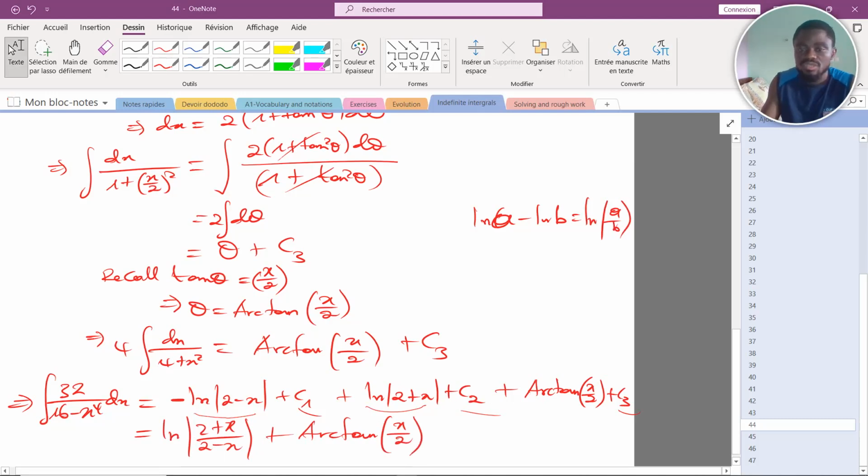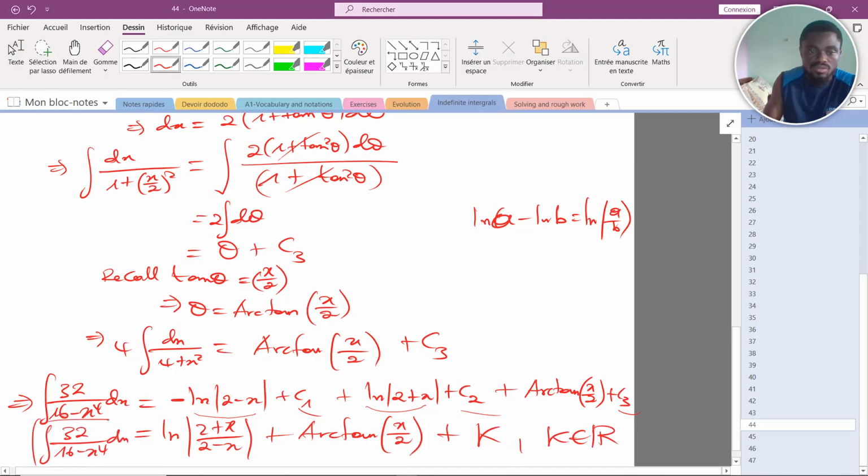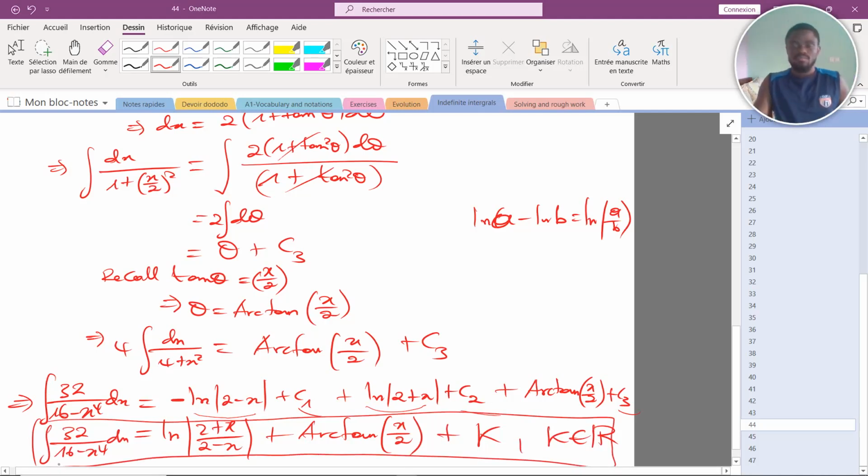Now these three constants, we shall put a general constant k, where k belongs to the set of real numbers. So the integral of 32 over 16 minus x to the 4th dx is equal to this. That's how you integrate it.